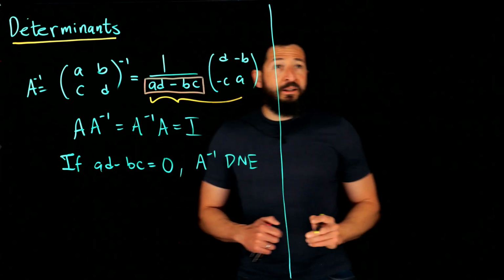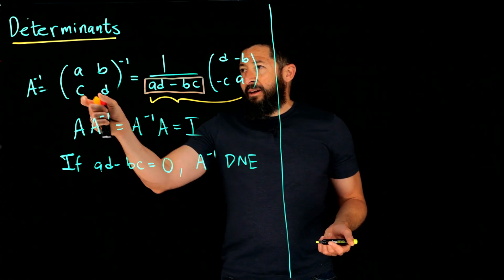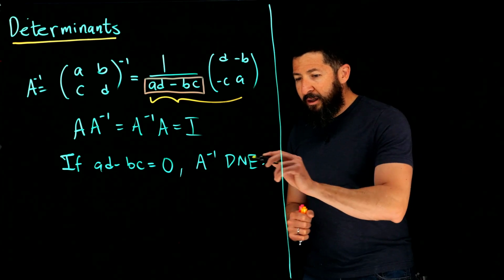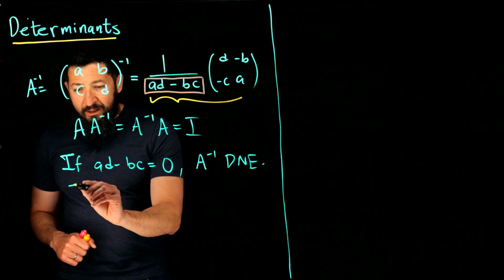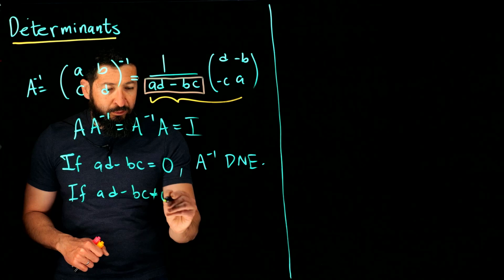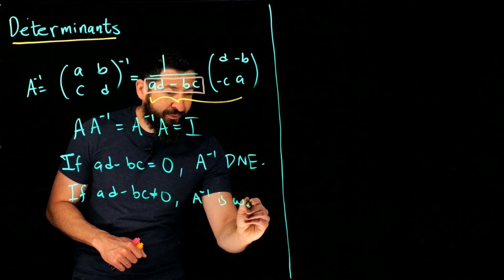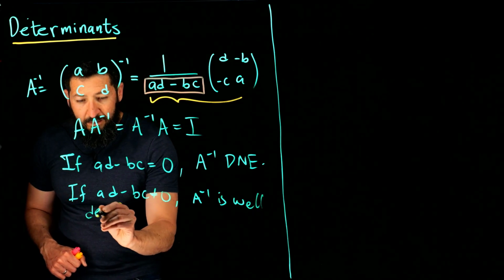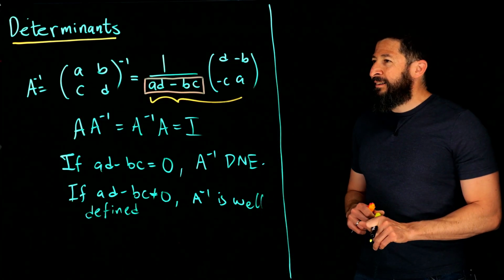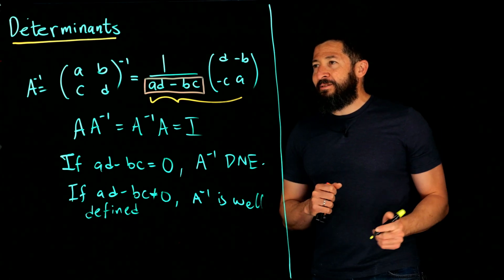In other words, if AD minus BC is equal to 0, your matrix A, in this case ABCD, is non-invertible. Now, on the other hand, if that quantity AD minus BC is not equal to 0, whatever quantity you get, A inverse is well defined. So you could say that that quantity AD minus BC determines whether the matrix A is invertible.